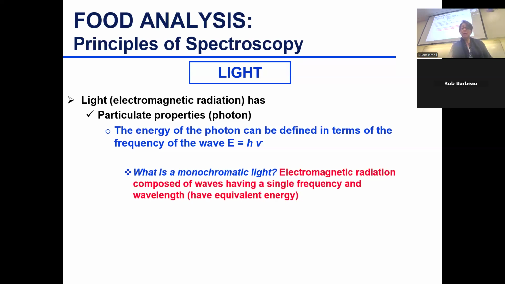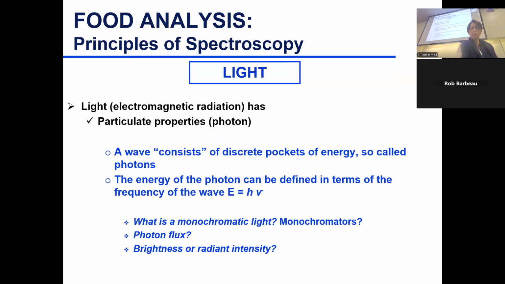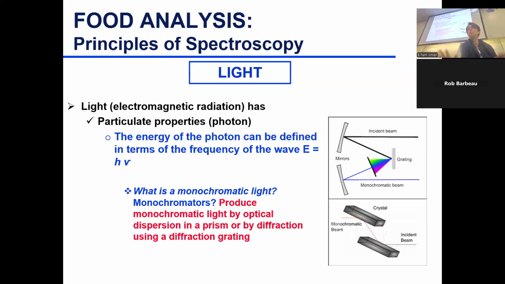So monochromatic light is an electromagnetic radiation composed of waves that have a single frequency and wavelength. One wavelength, one frequency. Okay, so what about monochromators?